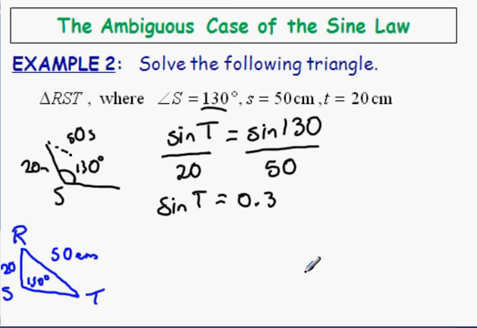And what we need to do is solve for angle T by doing sine inverse. Then we can find angle R, and then we can find side R, because the question's asking us to solve. So to find angle T, we use our sine inverse. So angle T is 18 degrees.